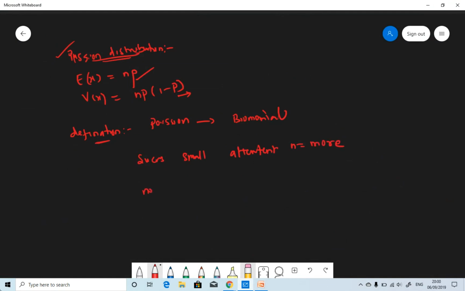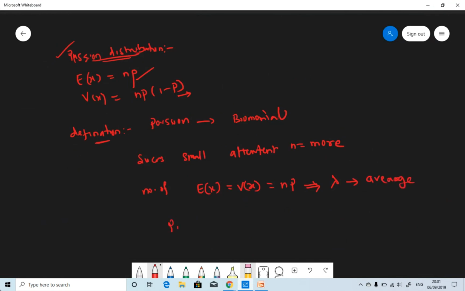The example I told, right? n is large. So here the expected value and variance of x equal np. So np I can write as mu or lambda. Lambda is nothing but the average.